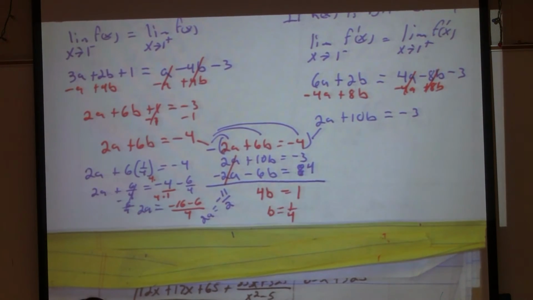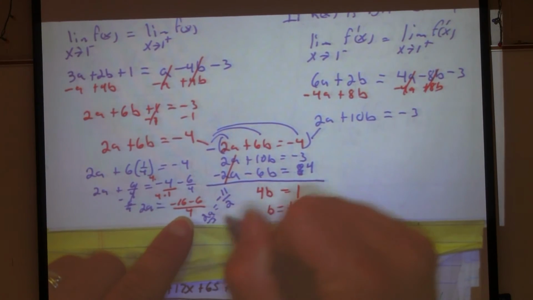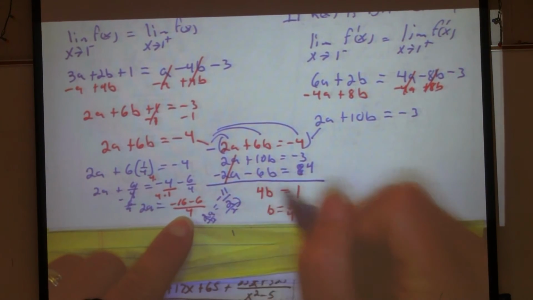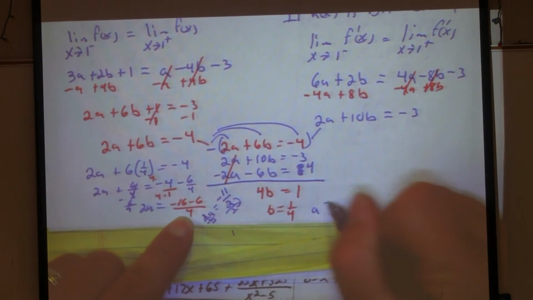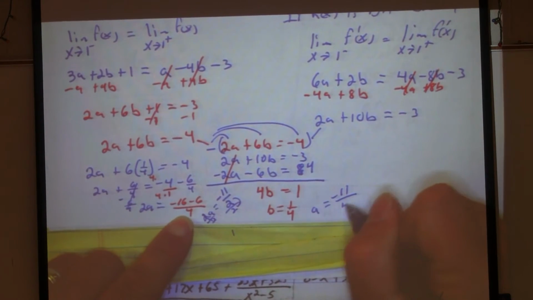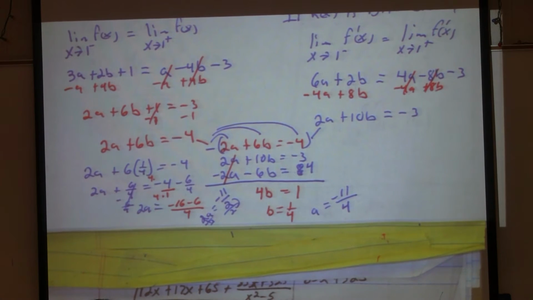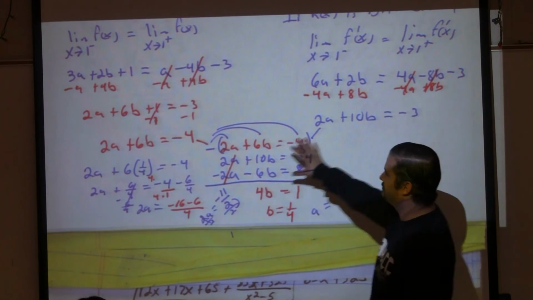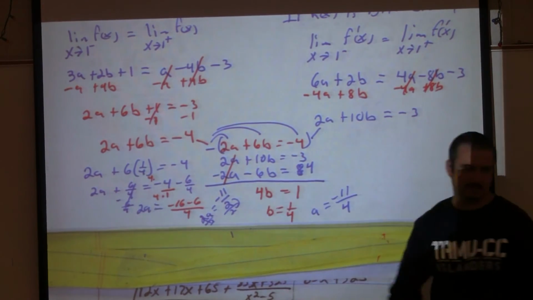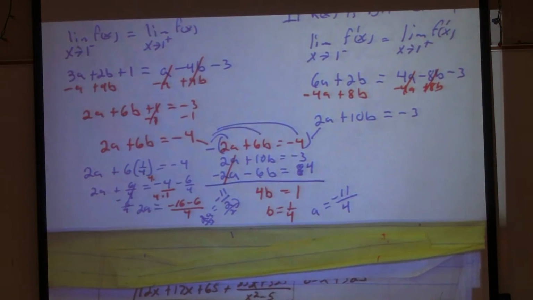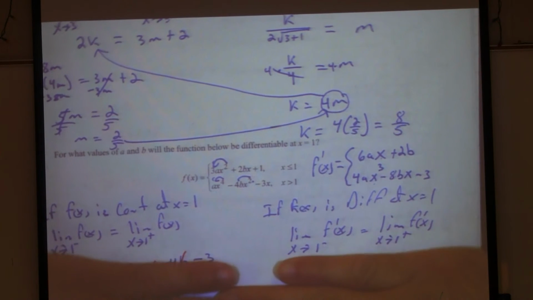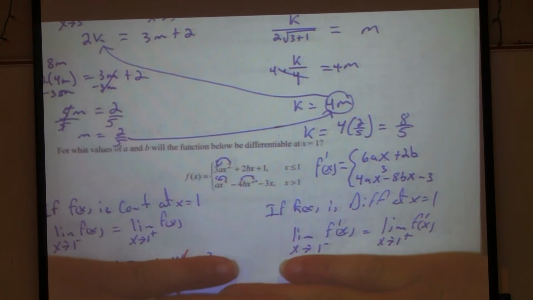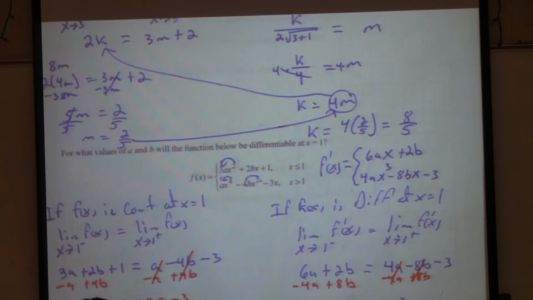Is that okay? And then we have to divide by what? That means these two multiply, so a ends up being negative 11 over 4. This is all algebra, right? It was calculus up until right there. That was calculus. And now it became algebra all over again.